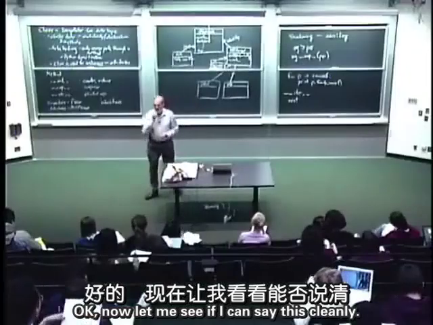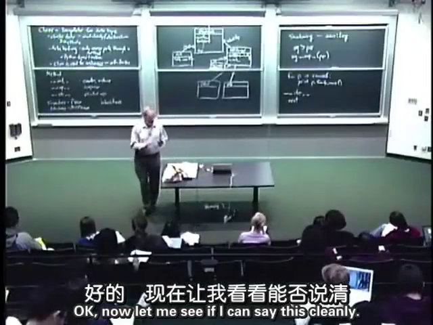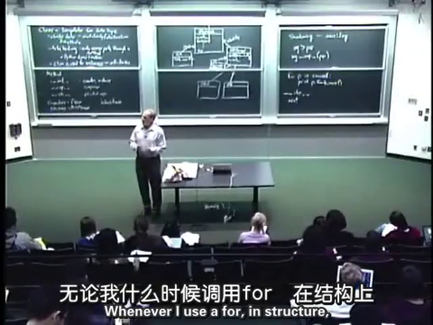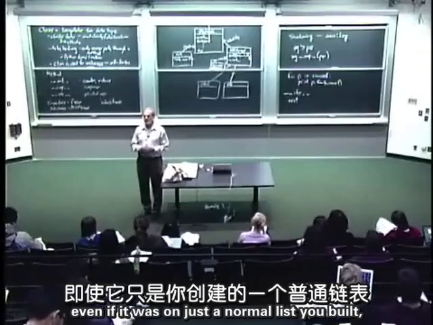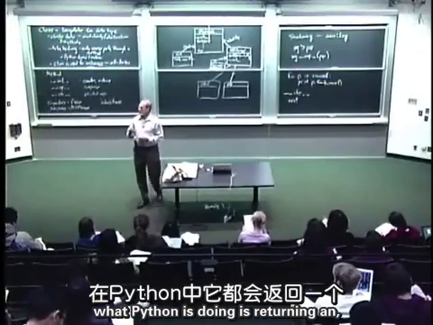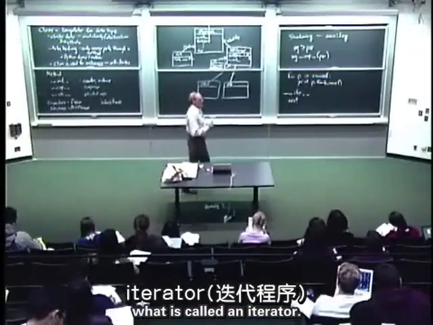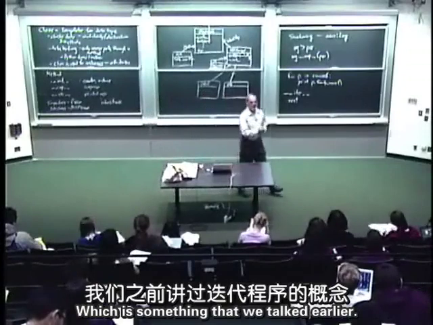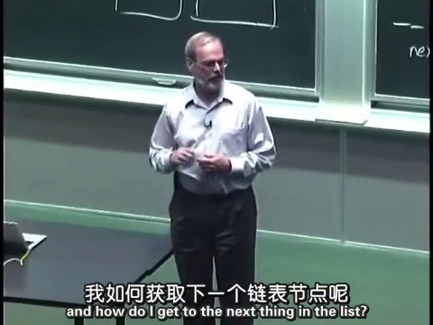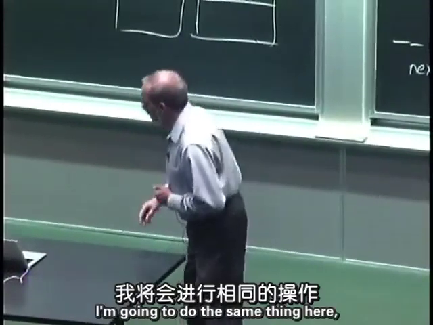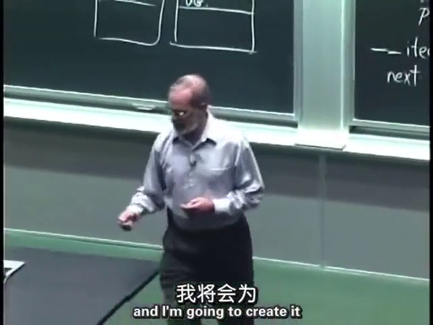Okay? Now, let me see if I can say this cleanly. Whenever I use a for in structure, even if it was on just a normal list you built, what Python is doing is returning what's called an iterator, which is something that we talked about earlier. It's keeping track of where are you in the list and how do I get to the next thing in the list. I'm going to do the same thing here, and I'm going to create it for this particular structure.